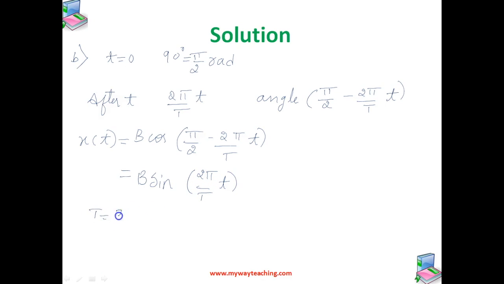For T equal to 30 seconds, this becomes x of t is equal to b sine(pi by 15 into t).